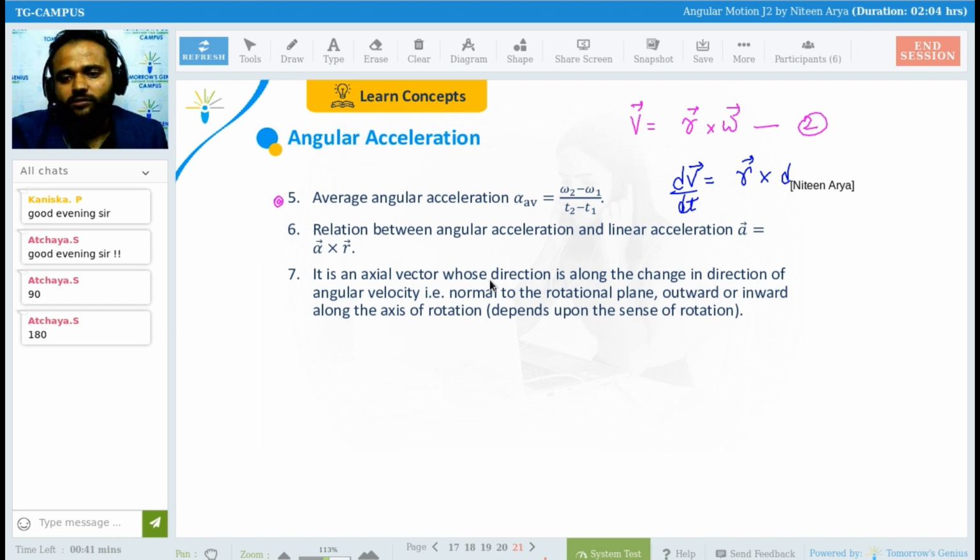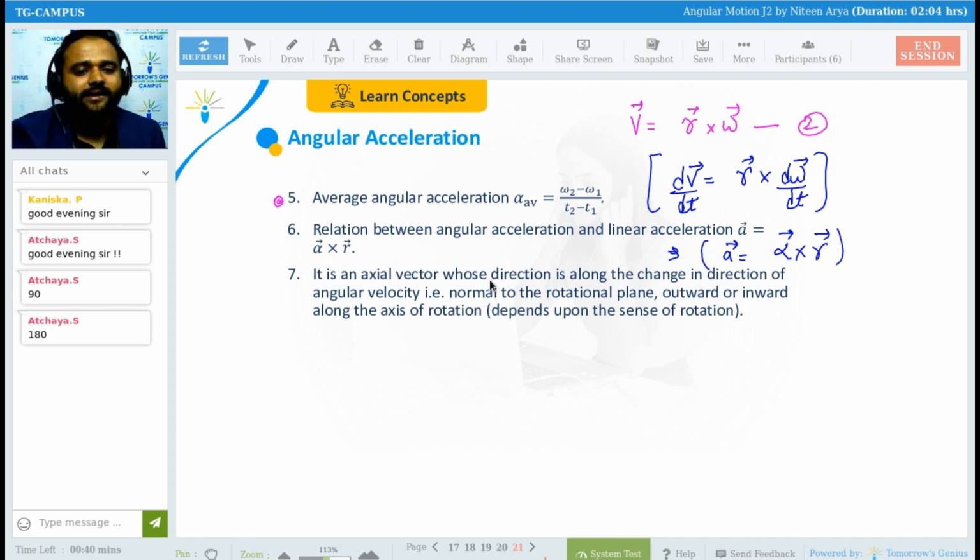So alpha cross r, where d omega by dt is alpha, which is angular acceleration, and r is radius vector. So from here we can get linear acceleration is nothing but alpha cross r. It is an axial vector whose direction is along the change in the direction of angular velocity, that is normal to the rotational plane, outward or inward along the axis of rotation, depends upon the sense of rotation. Clear?